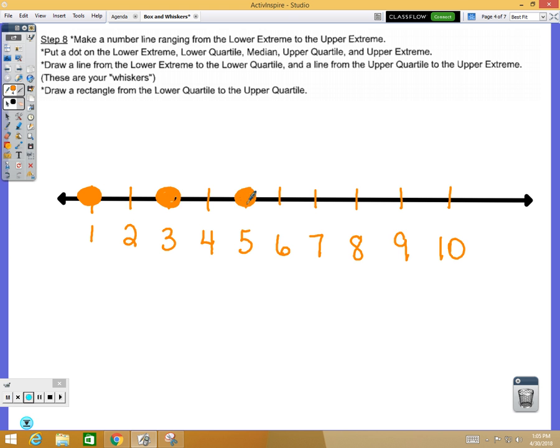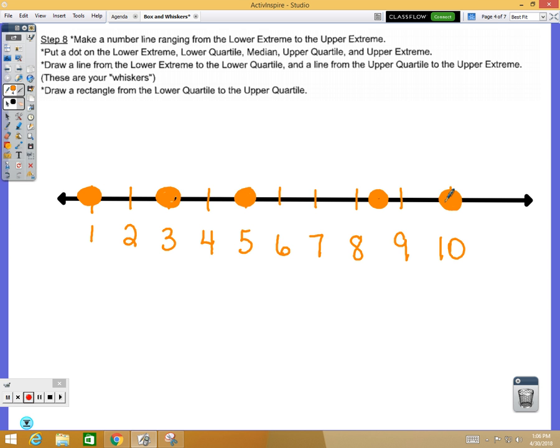At the upper quartile, which is 8.5. Now, where is 8.5 going to be located on here? In between the 8 and the 9. So in between the 8 and the 9, we're putting a point. And at the upper extreme, which is 10. So again, we labeled our number line between 1 through 10. We put a point at the lower extreme, the lower quartile, the median, the upper quartile, and the upper extreme.